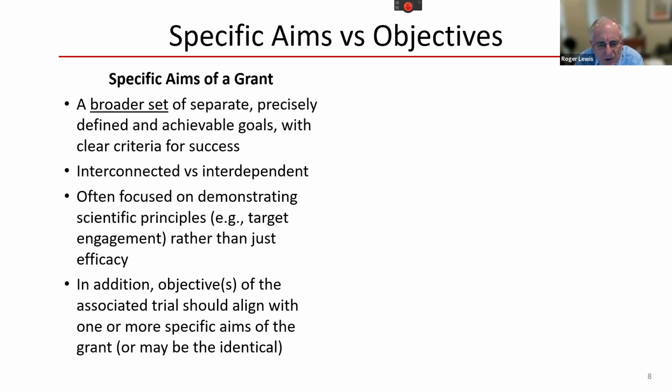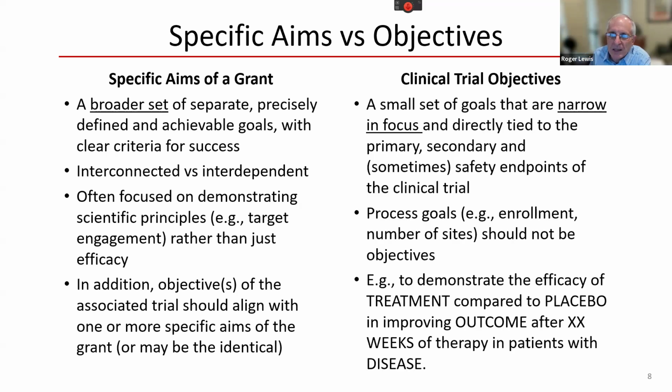The objectives of the trial should align with the specific aims, and some of them may actually be identical. You can have a specific aim that says to demonstrate drug X reduces symptom Y in population Z. That's fine in both places.